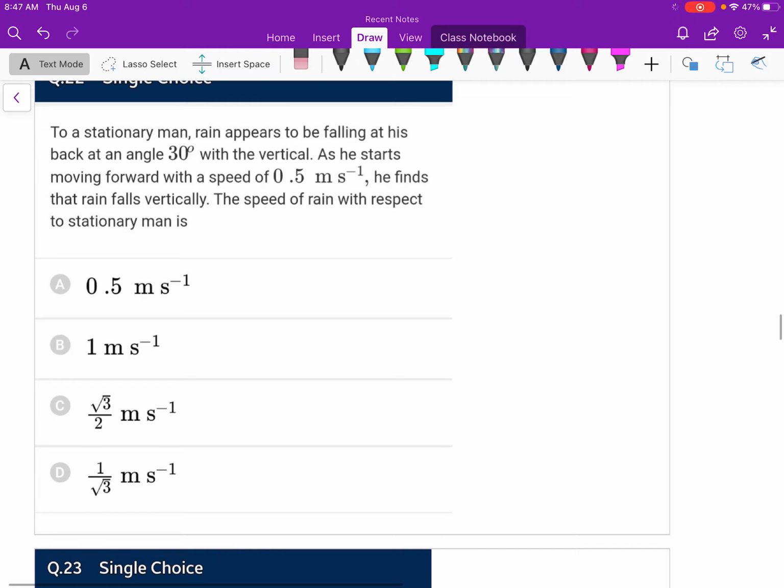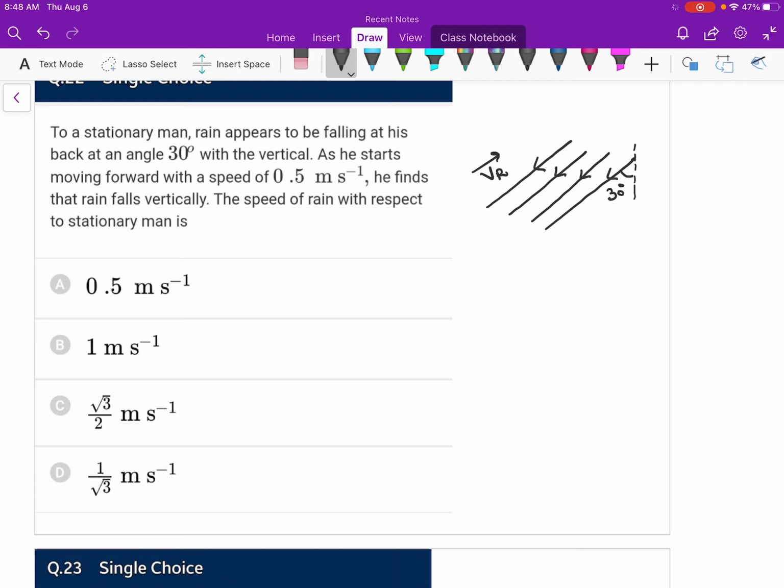To a stationary man, rain appears to be falling at the back at an angle of 30 degrees. So suppose the man is facing towards the right. So rain is falling at 30 degrees from vertical. Okay, from vertical, with respect to the stationary man, meaning with respect to the ground, the rain is coming at 30 degrees, v of rain at 30 degrees.